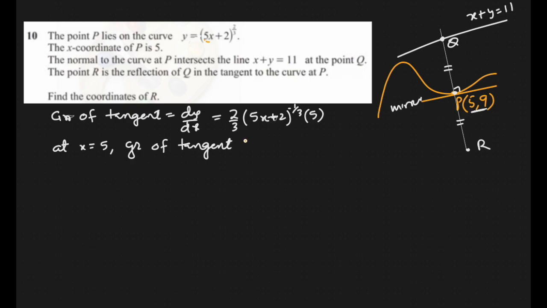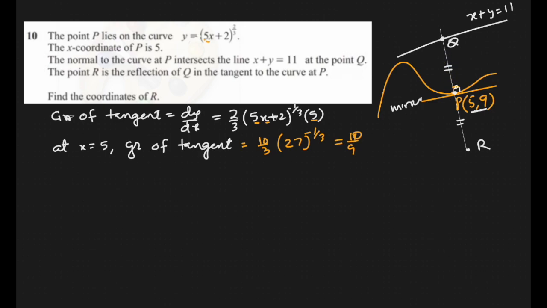That will be 10 over 3: 5 multiplied by 2, 10 over 3, times 5 times 5, 25 plus 2, 27 to the power minus 1 over 3. The cube root of 27 is 3, and because of the minus, it becomes 1 over 3. So 10 over 9, not 11. 10 over 9. Okay, so the gradient of this line is known.